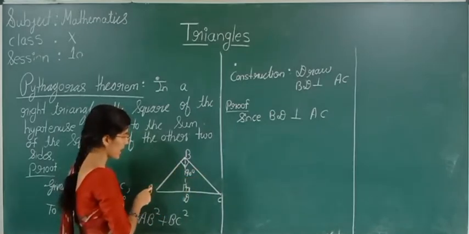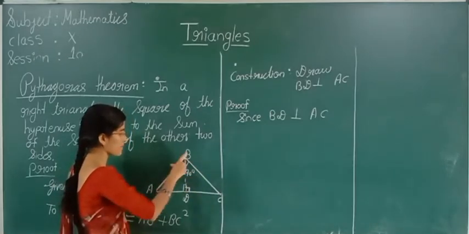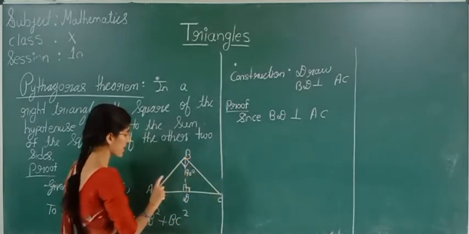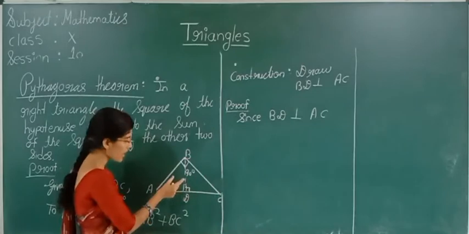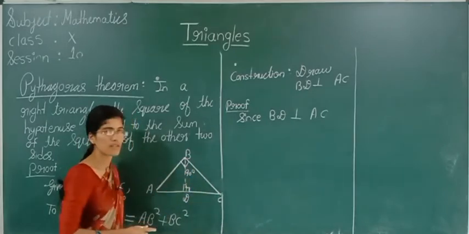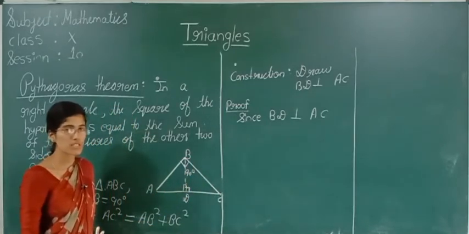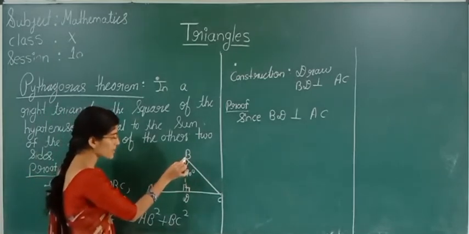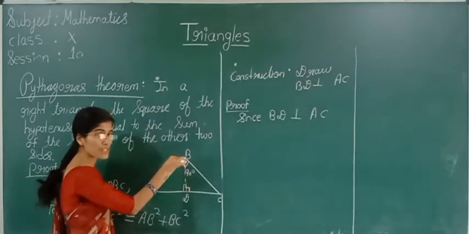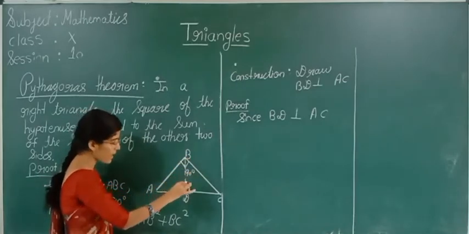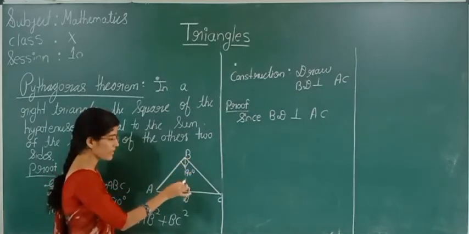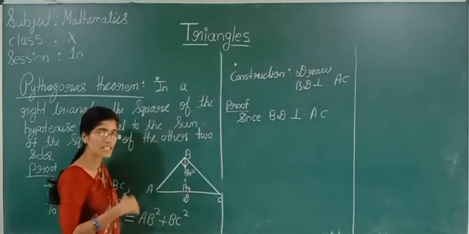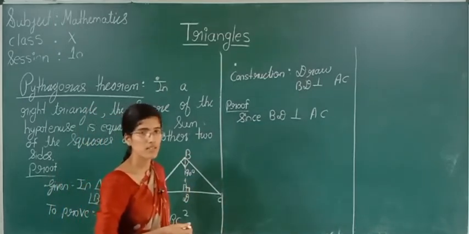That is, triangle ABD is similar to triangle ABC, and triangle BDC is similar to triangle ABC. If a perpendicular is drawn from the vertex of the right angle of a right triangle to the hypotenuse, then the triangles on both sides of the perpendicular are similar to the whole triangle, right?